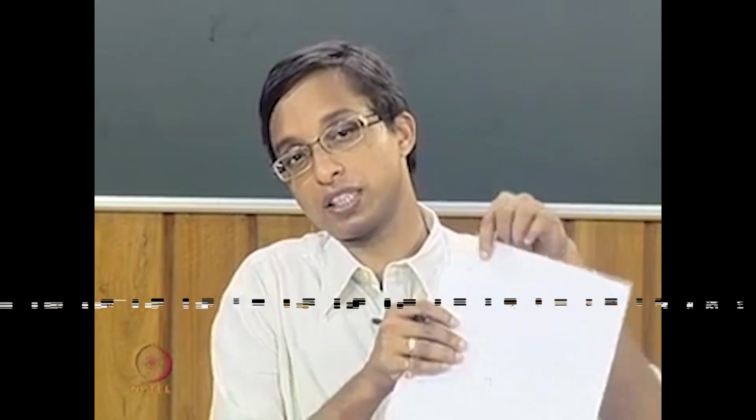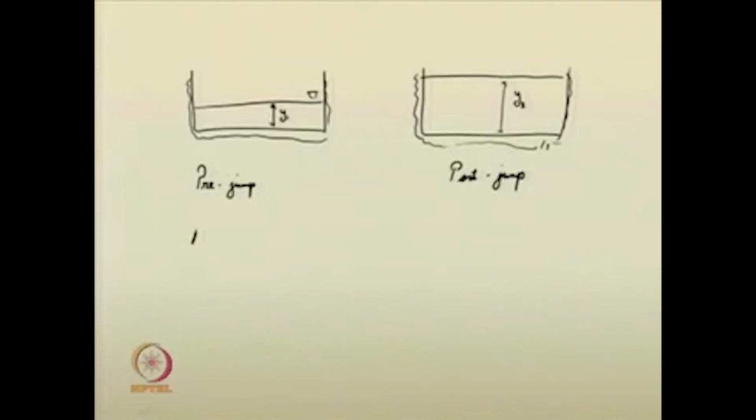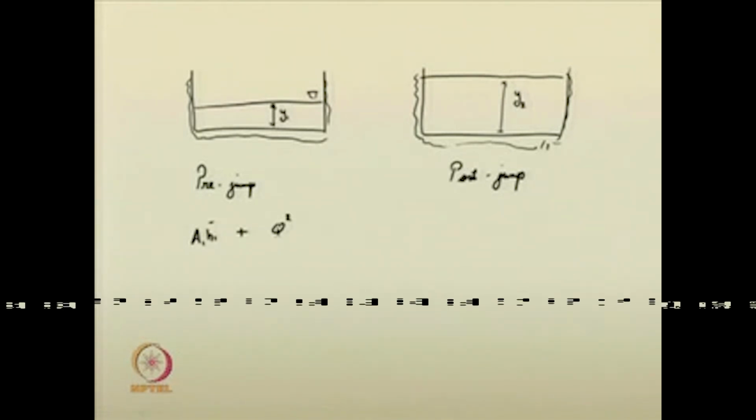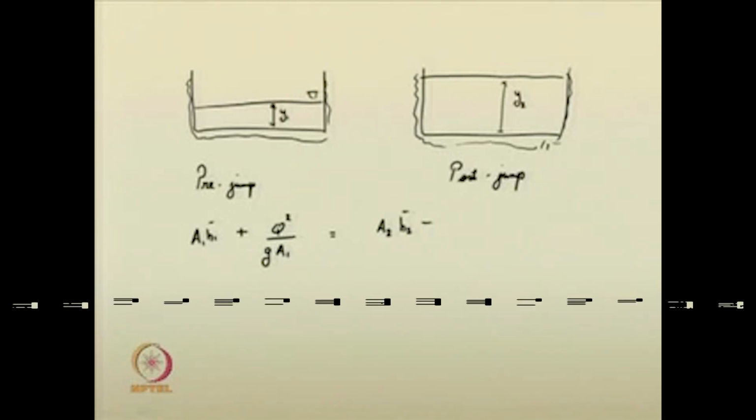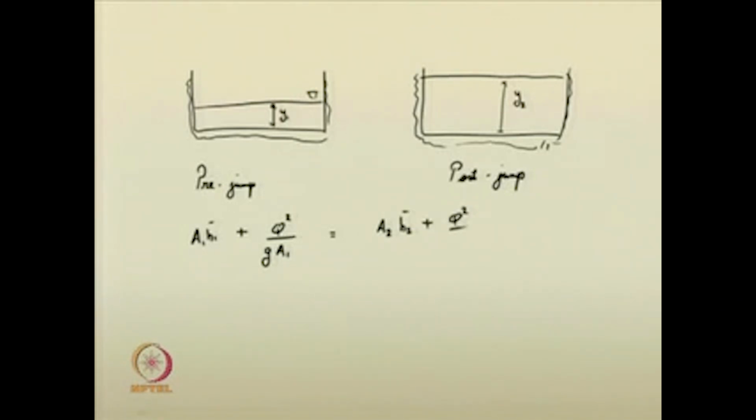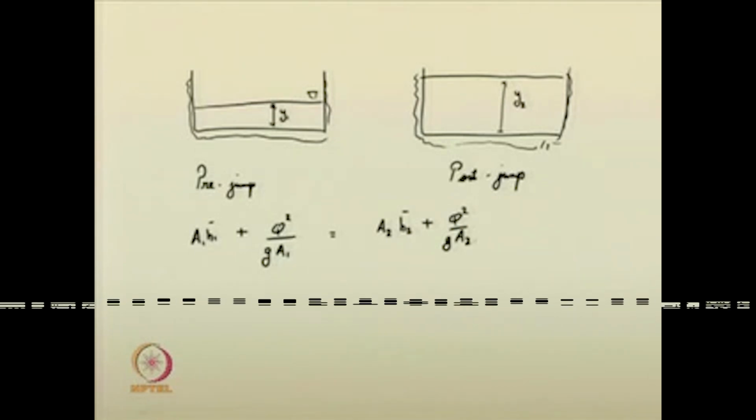You know the specific force at the pre-jump section as well as at the post-jump section, both are the same, that is, A 1 h 1 bar plus q squared by g A 1 is equal to A 2 h 2 bar plus q squared by g A 2.